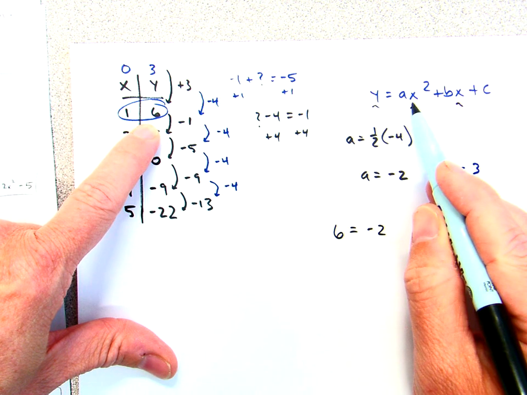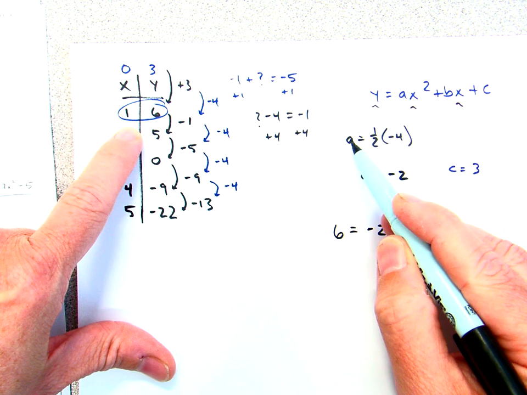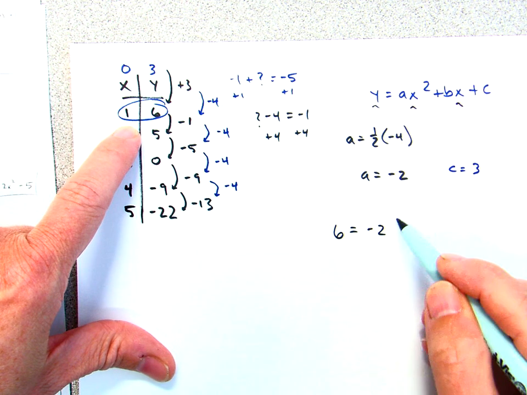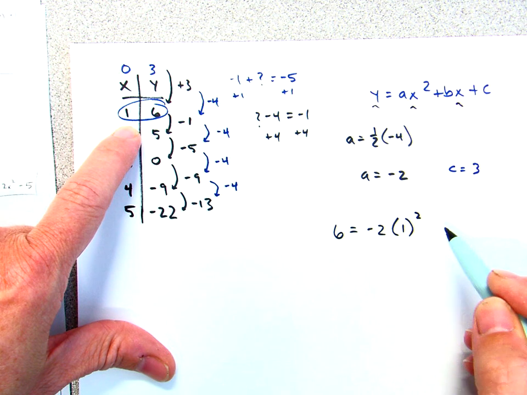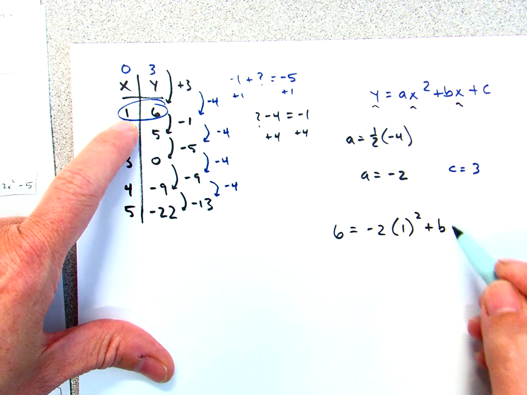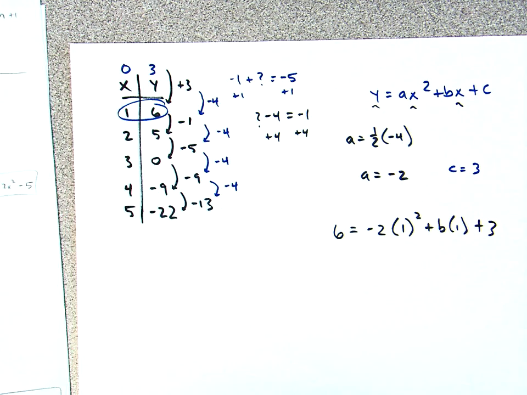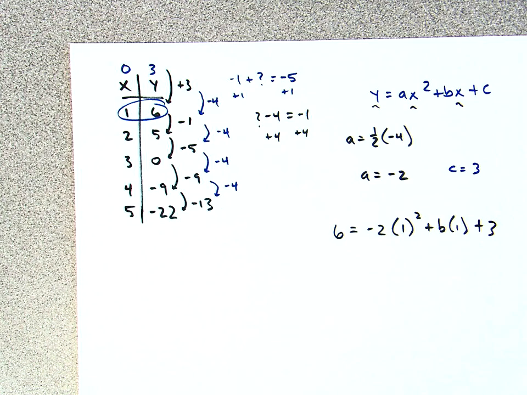The x value that went with that 6 is 1. b, I don't know. But I chose x to be 1, so I'm going to plug that in for both of these. c, we said, was positive 3. Now we have enough information to solve for b.